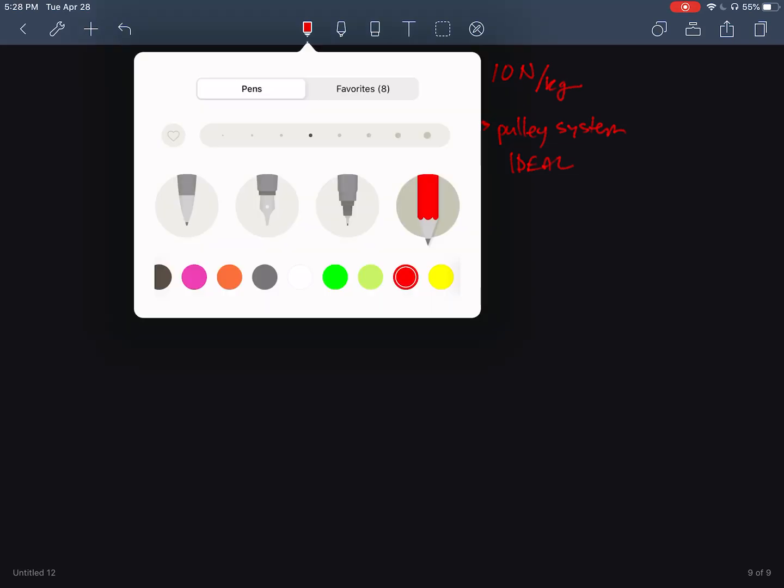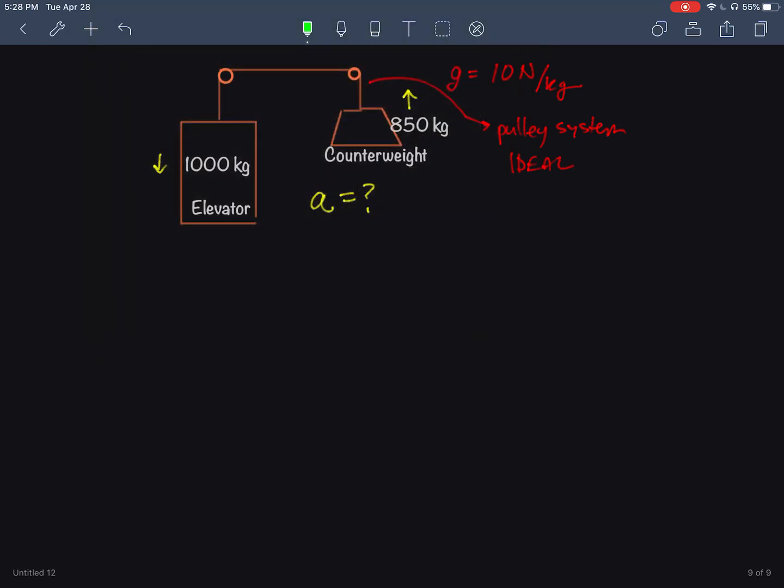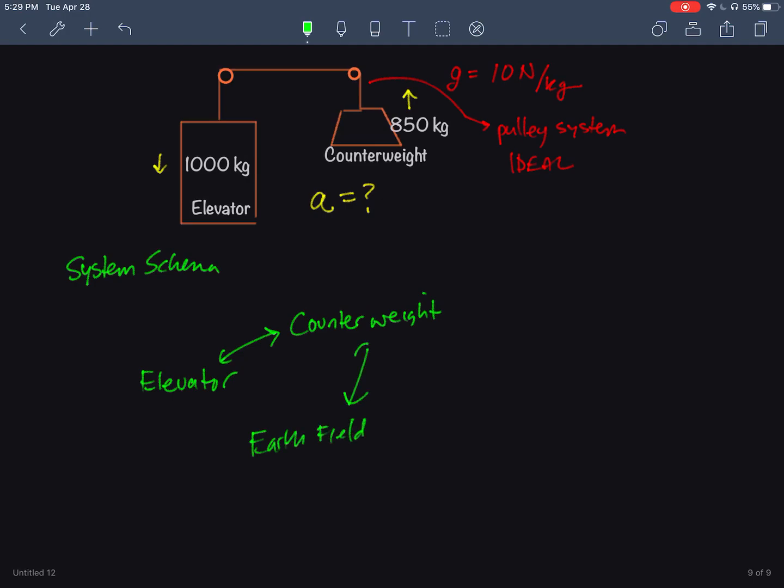The next thing that we're going to do is come up with a system schema, and all we have to do is list all of the objects that are there. Sure enough, we have the elevator, we have the counterweight, and then we have the earth field as well, causing all sorts of havoc to the system here.